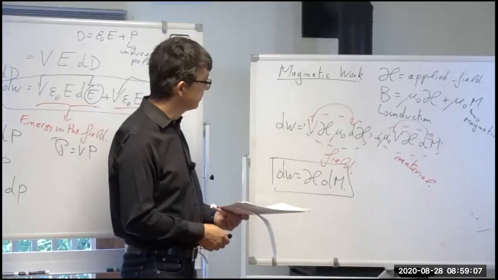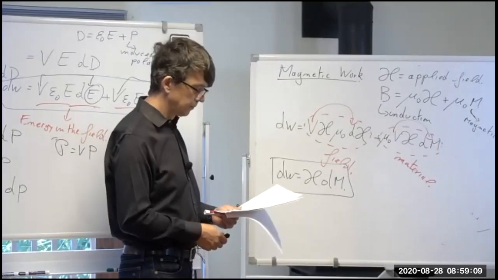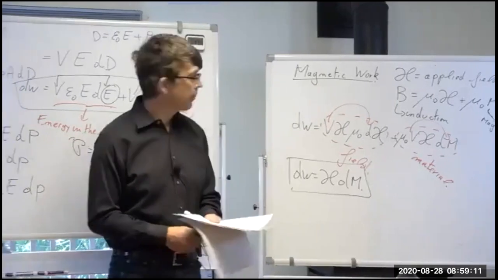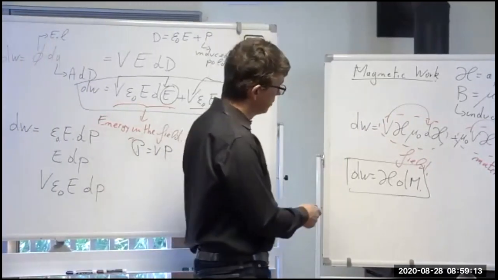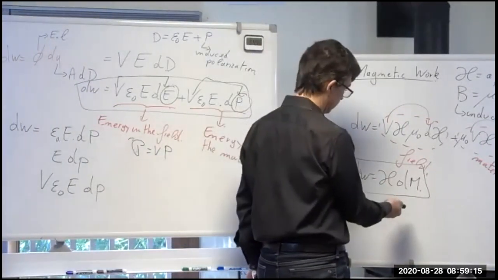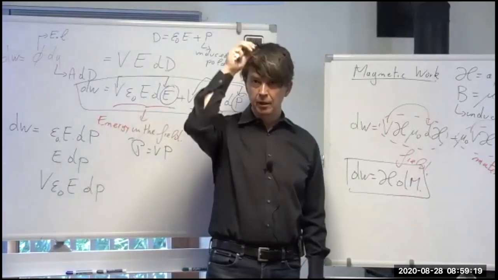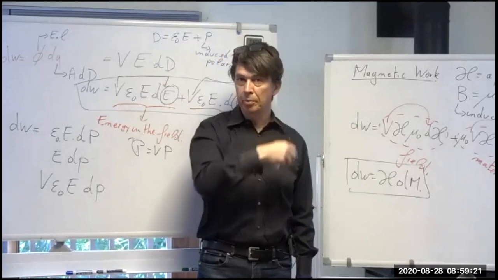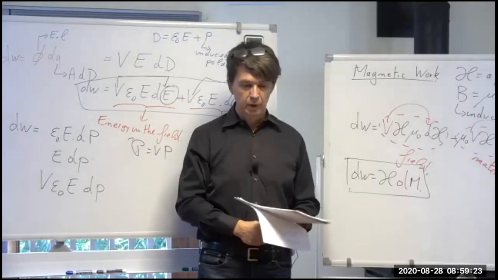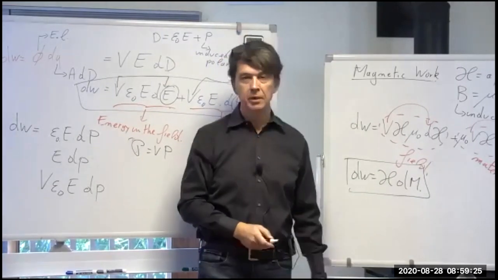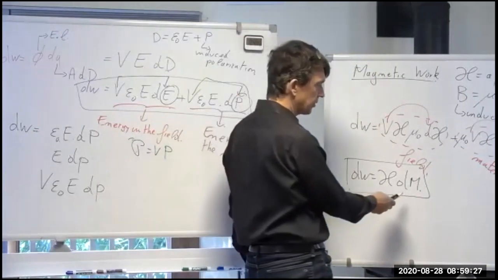Okay. What's the materials parameter that you need to know to integrate this? So let's say I start applying a field to a material and the magnetization goes up. So I need some materials parameter here, which is going to be some derivative.